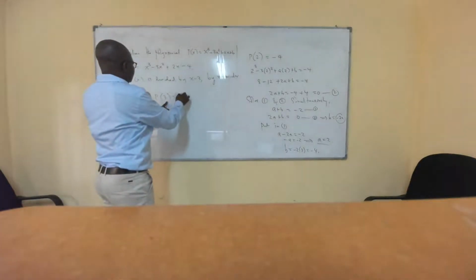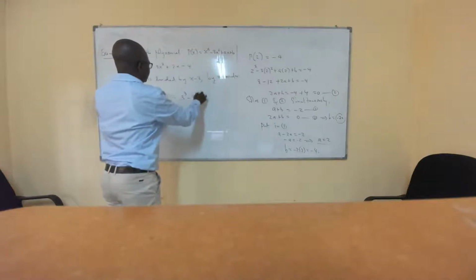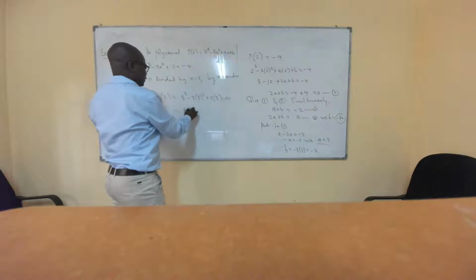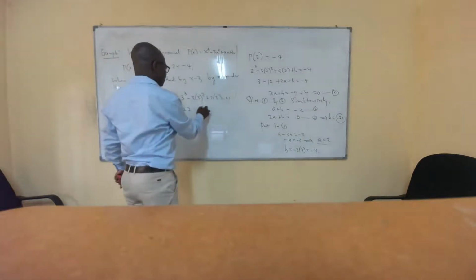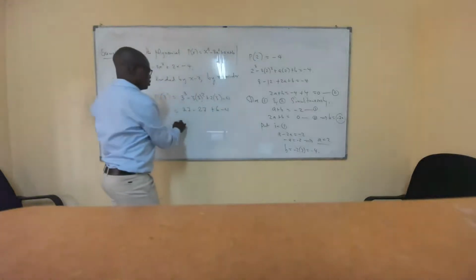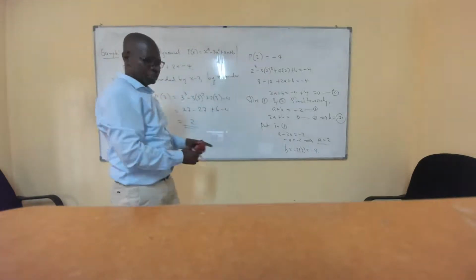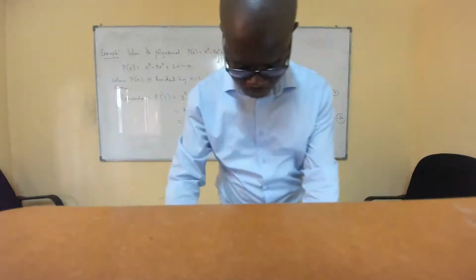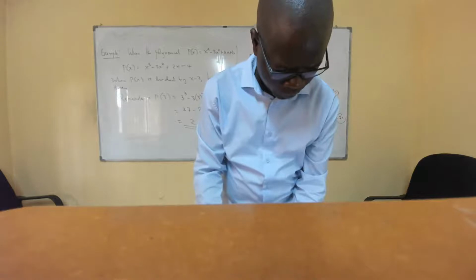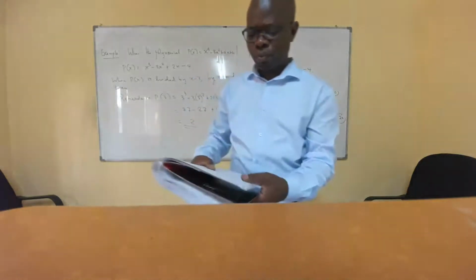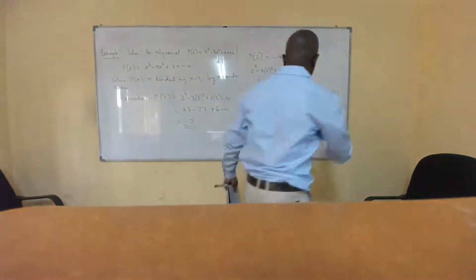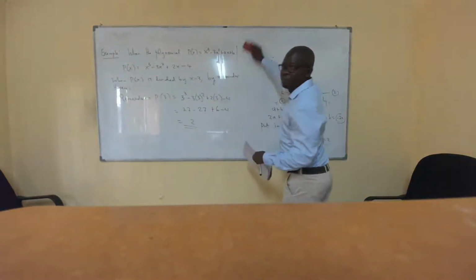This will be 3 to the power 3 minus 3 times 3 squared plus 2 times 3 minus 4, which is 27 minus 27 plus 6 minus 4, so that will be 2. So the remainder should be 2. So the remainder is 2. So we move further.